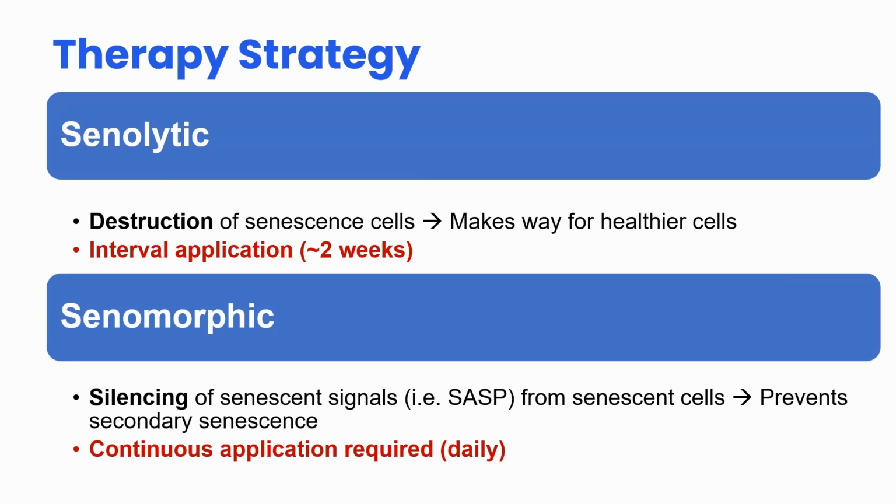Hopefully the senescent cells die, and then you wait for many months for those new cells to regenerate and to restore the tissue. Senomorphic therapy requires continual application daily because you're blocking the signals. So the signals will always be produced. So you have to just always block them. So it requires a continuous application.